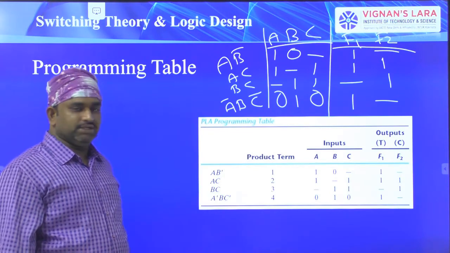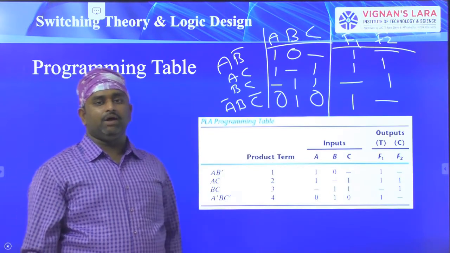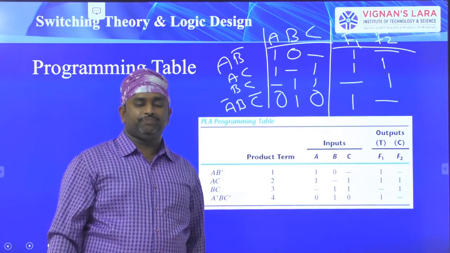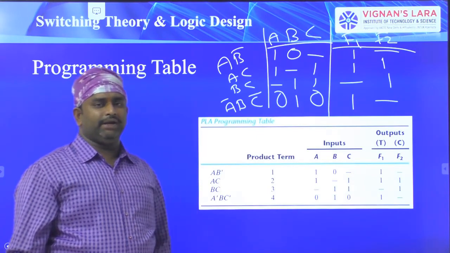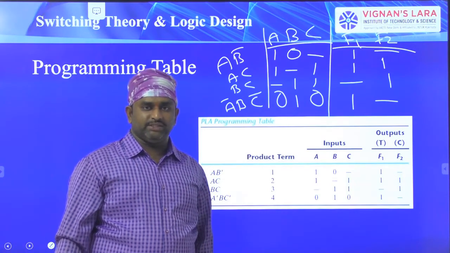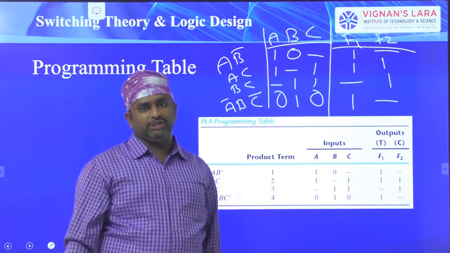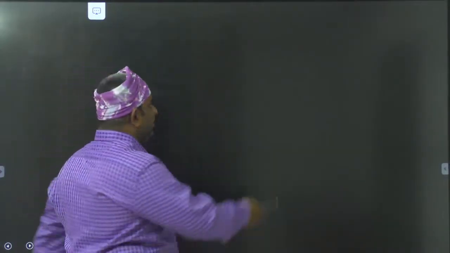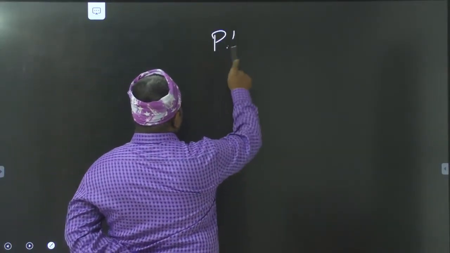With this we have completed programmable logic array type devices. Totally, we have seen the concepts of programmable logic devices, and now I am giving the summary. We have seen the introduction to PLDs.